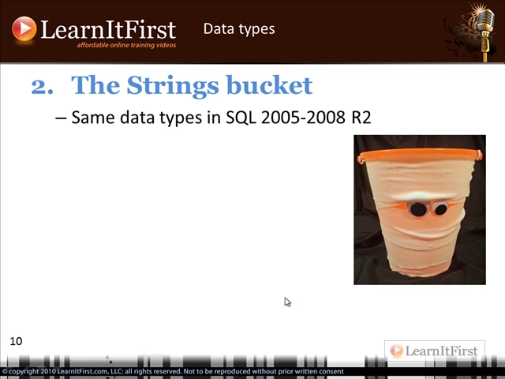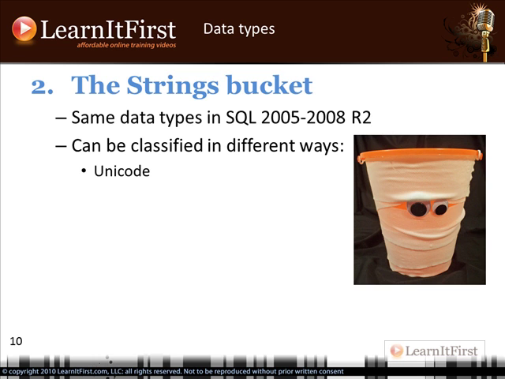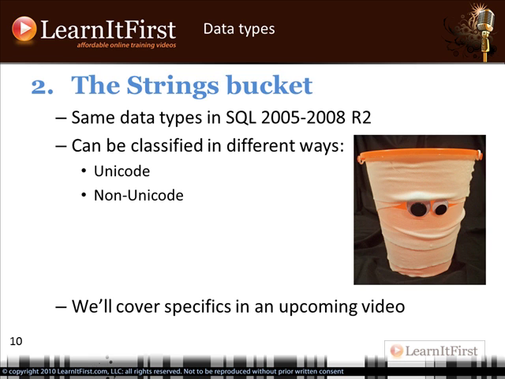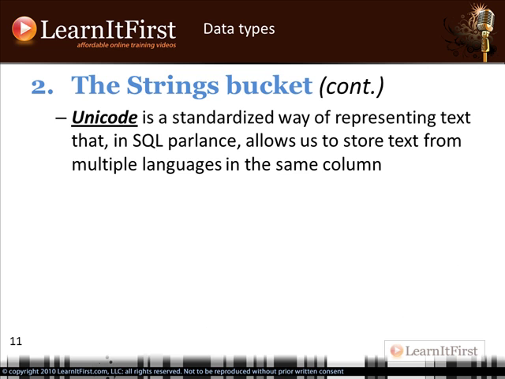Now let's talk about the strings. Again, no change from SQL 2005 all the way through R2. You've got a couple of different string types. A string can either be Unicode or non-Unicode. We'll talk about the differences in an upcoming video.